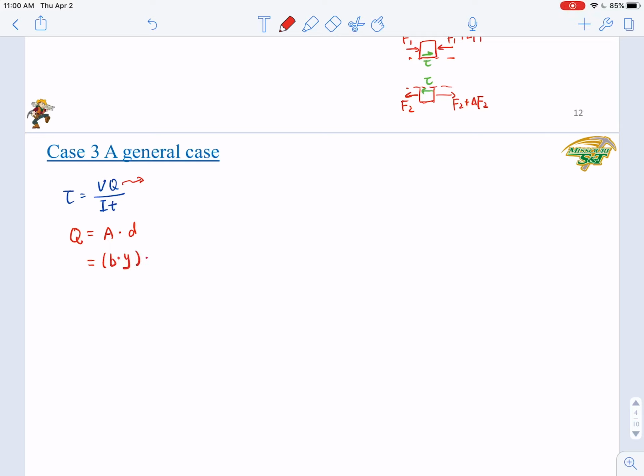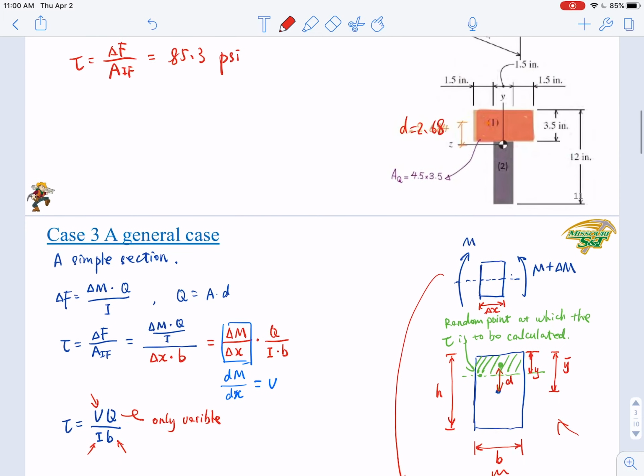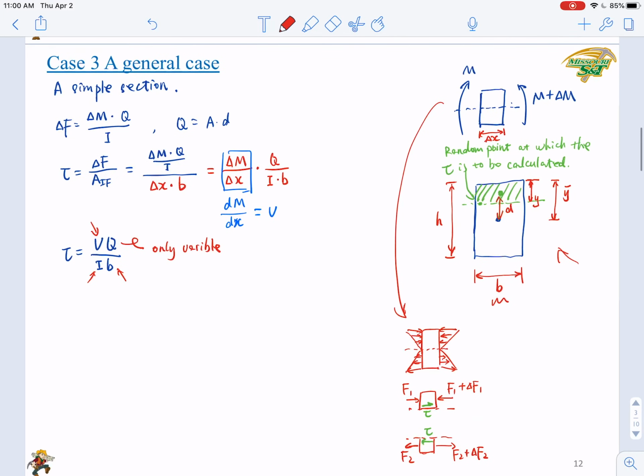And what is D? D is Y bar minus, look at here, what is the location of the local centroid? The location of the overall centroid is Y bar, and the position of the local centroid of the green area will be Y over 2, right?